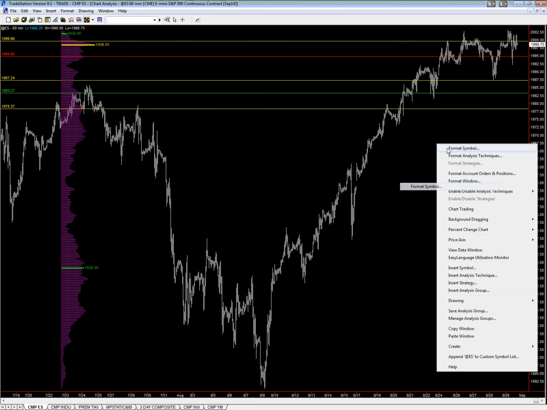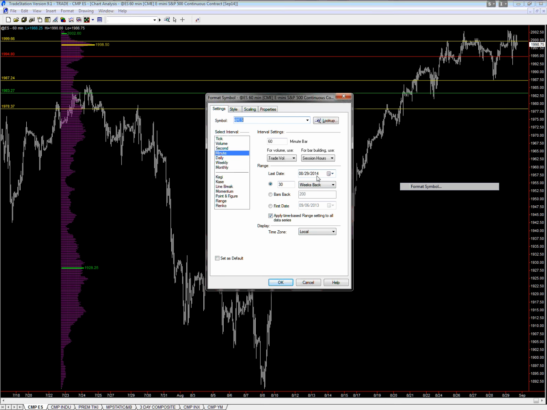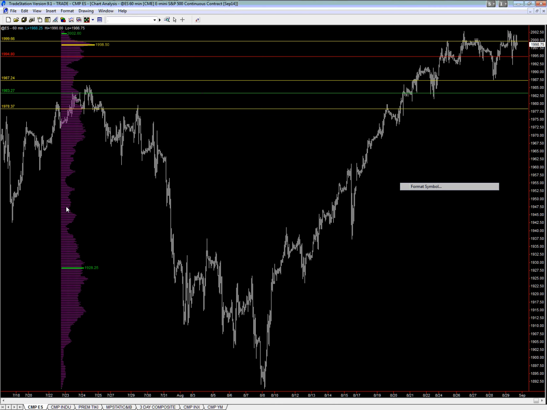What I actually did, for some reason TradeStation wasn't allowing me to go to the dates that I was looking for. I went back to the 29th of August. So it's only looking at the profile from the 22nd of July through the 29th of August. And where do you see these numbers? That area, 83.25, is still right there.